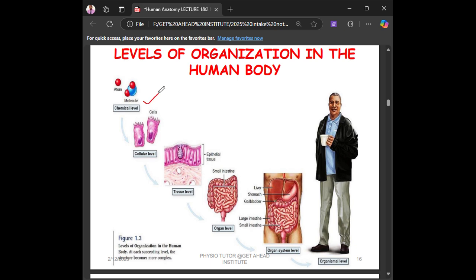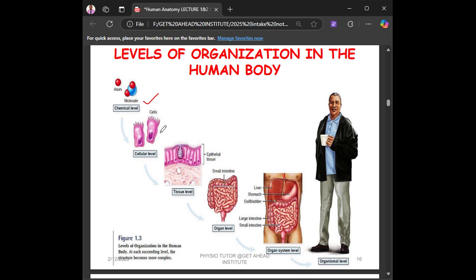This is the simplest, which is composed of atoms and molecules. Remember, atoms are the smallest units of matter. Molecules are two or more atoms which combine together, for example, a protein, a water molecule, or a vitamin. So that is the first level of organization.